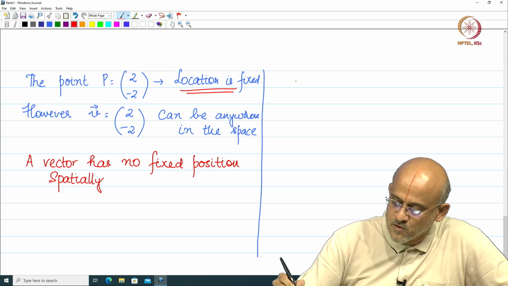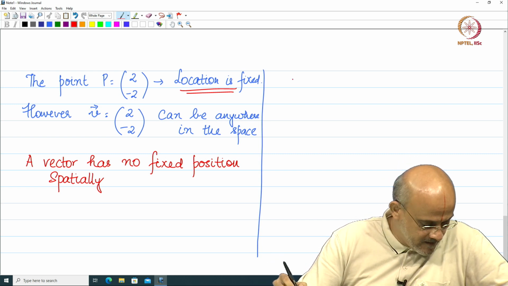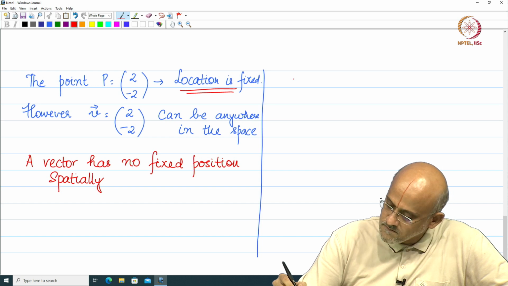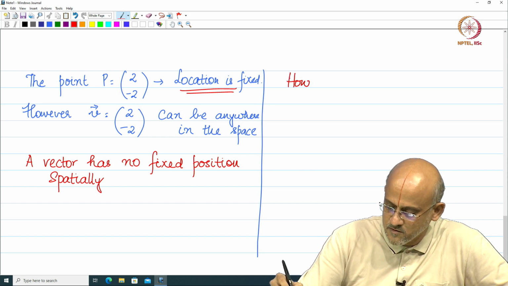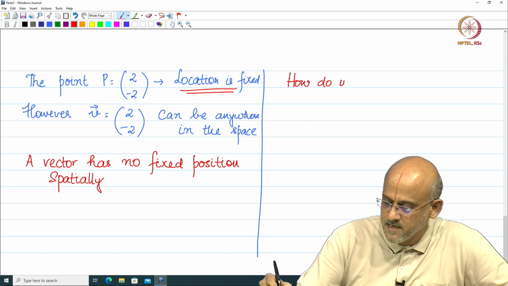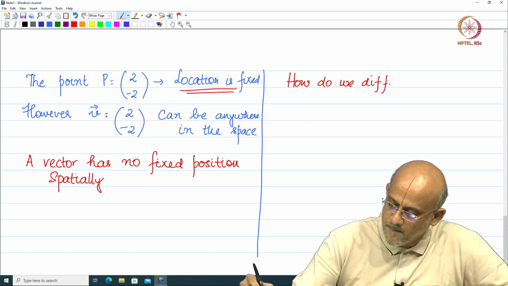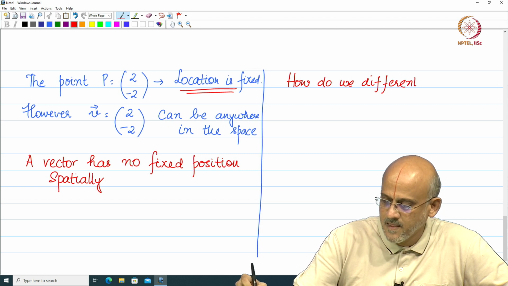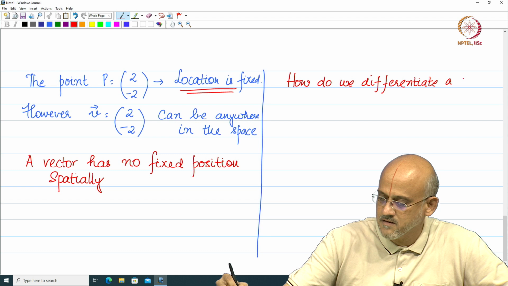So let us look at this. Why study points and a vector? How do we differentiate a point and a vector?